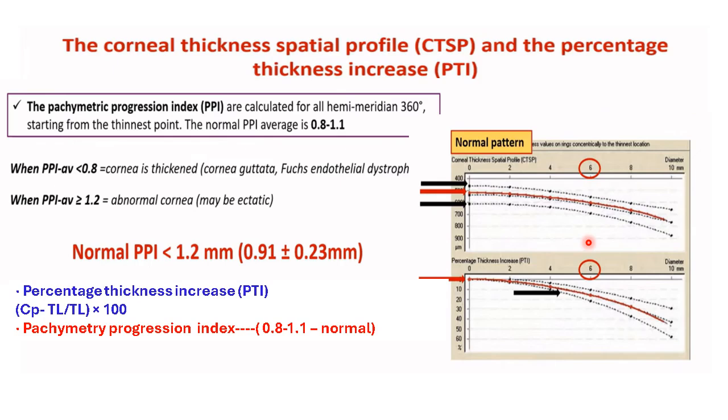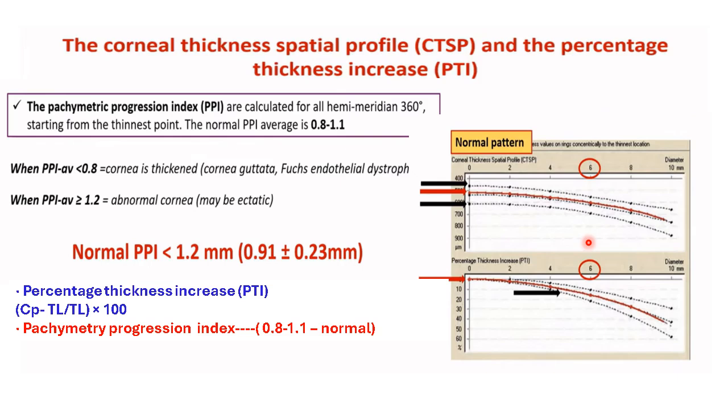This Biomechanics progression index normally ranges between 0.8 to 1.1 millimeter. Any value below 0.8 indicates thick cornea, like any endothelial problem such as Fuchs endothelial dystrophy or cornea guttata. And a value more than 1.2 indicates thin cornea or an ectatic problem. This is an important index.